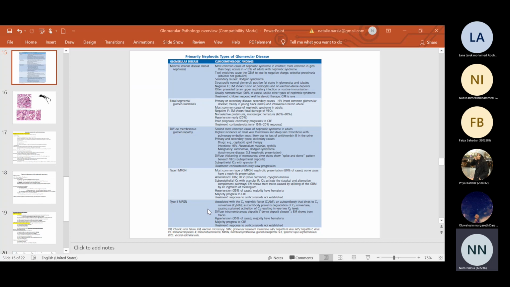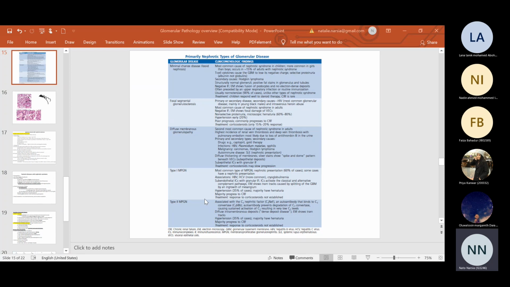You can get deposition under the endothelium, wherever you find it, that is membranoproliferative glomerulonephritis, and if you get deposit within the membrane, that will be type 2. So we have membranous separately, and we have also type 1, and we have also type 2. And we differentiate based on location of the deposition.